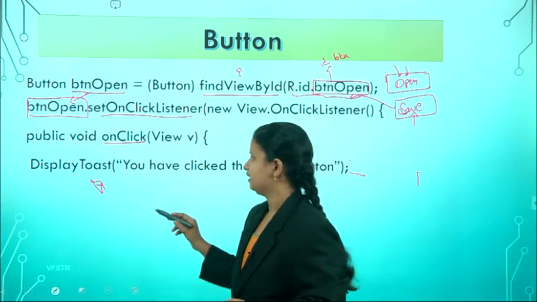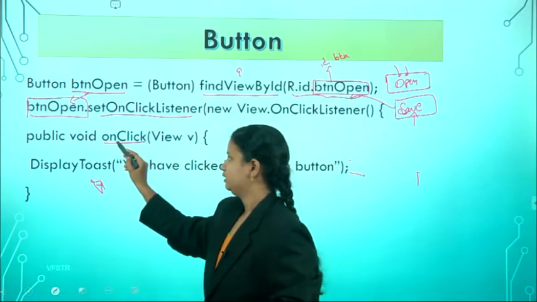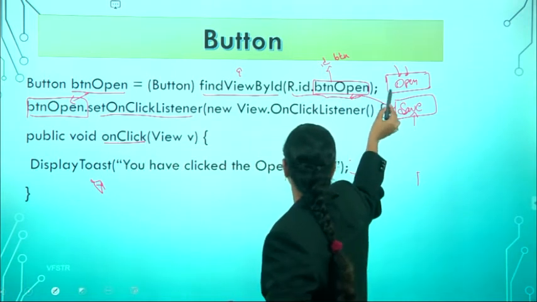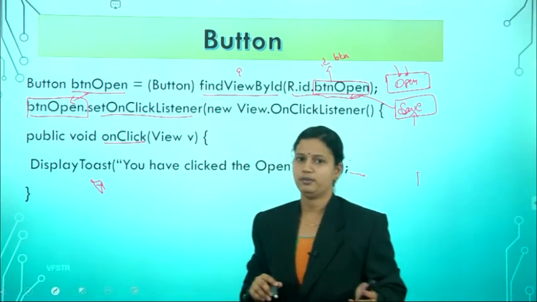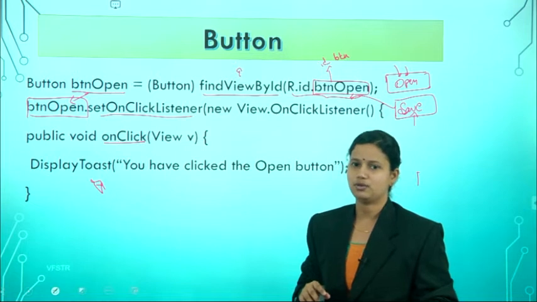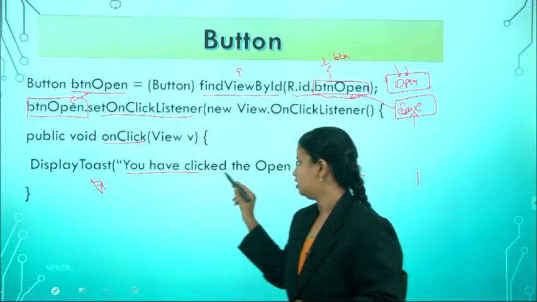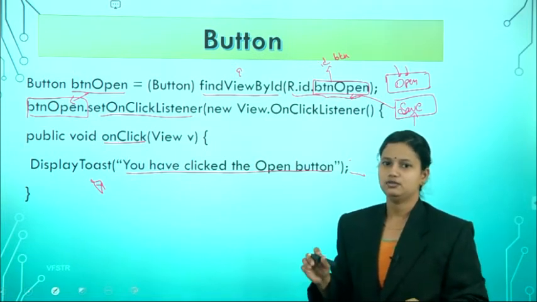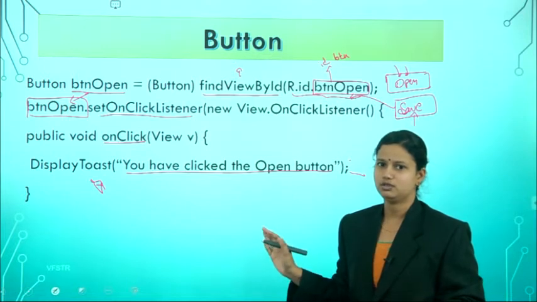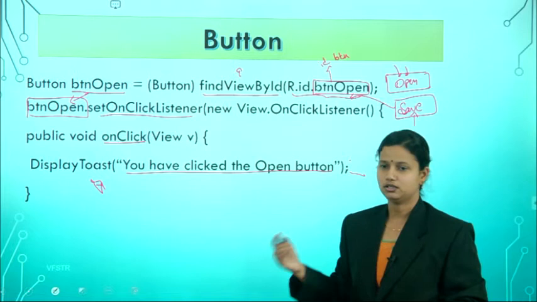Within this onClick method, we write the corresponding action. Whenever you click on the Open button, what action do we perform? We simply display a message: you have clicked on the Open button. Whatever button you pressed, that button name will appear, whether you clicked the Open button, the Save button, or the Download button.